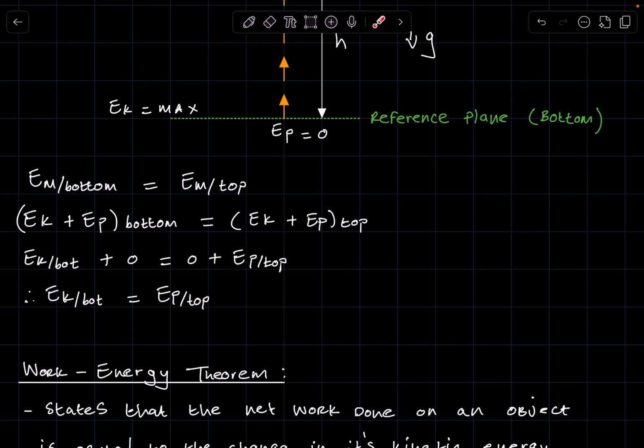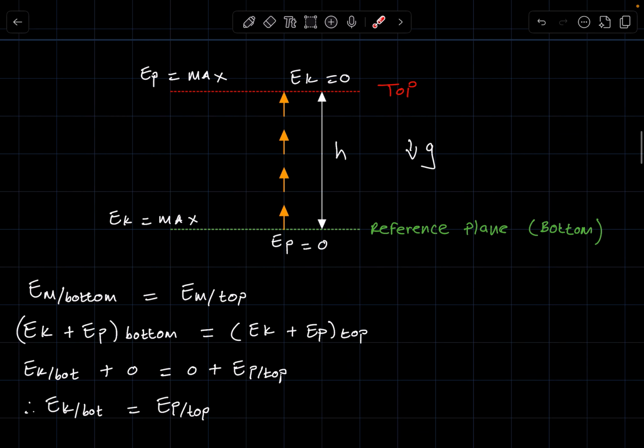When you look at that from the perspective of conservation of energy, it means that if you look at the object's motion along the vertical plane, going to the top, the velocity is being lost. Hence, the kinetic energy is being lost.